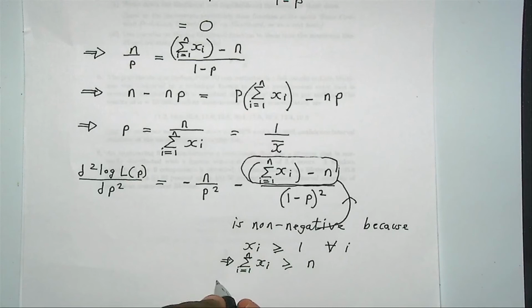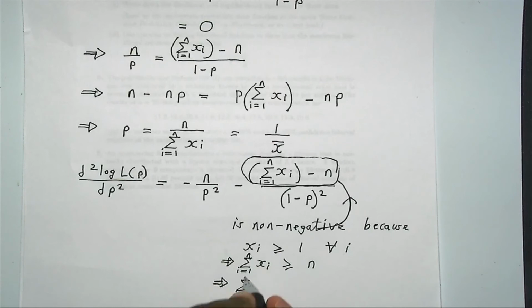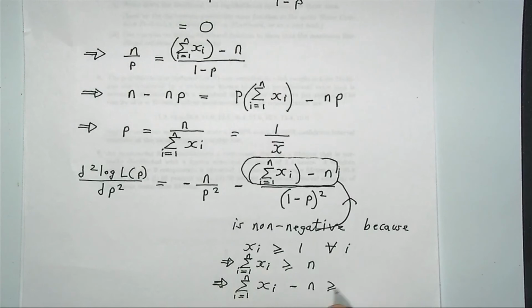And this implies that the sum of xi minus n has to be greater than or equal to 0.